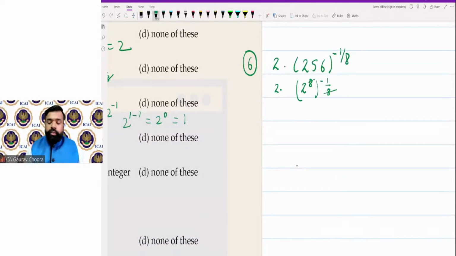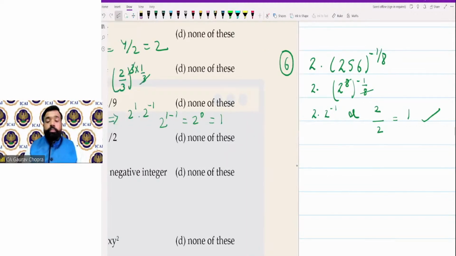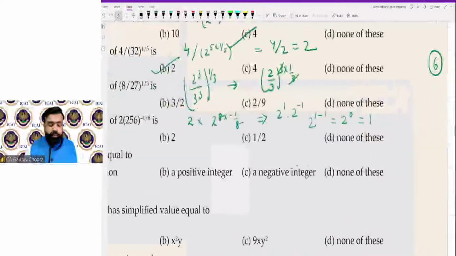So 8 and 8 will get cancelled. So what is left? 2 multiplied with 2 to the power of minus 1. It can also be written as 2 upon 2. The result is 1. Okay, Krishna. This was question number 6.